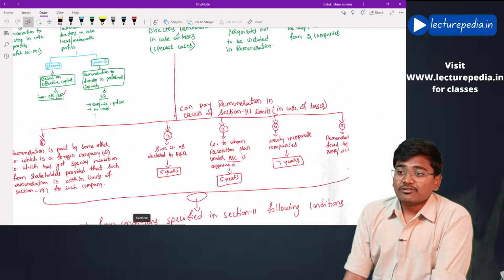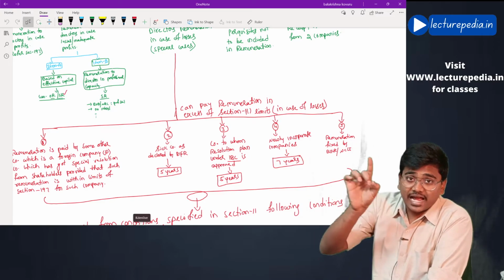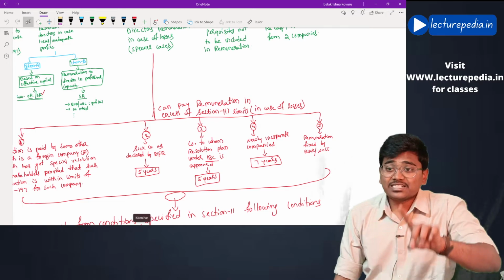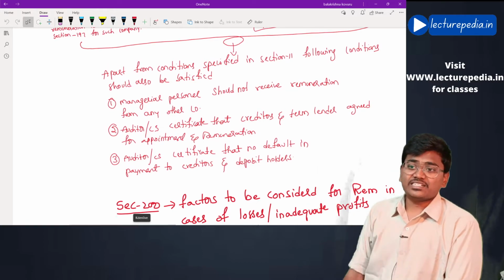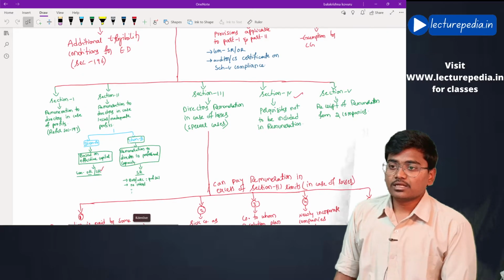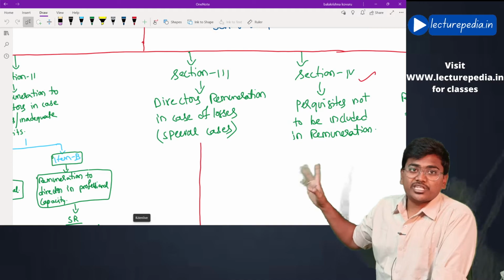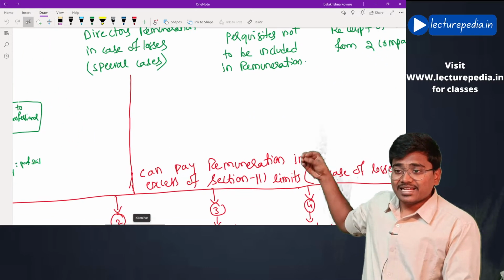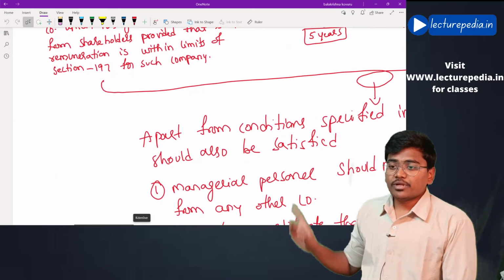Now if these 5 types of companies want to pay remuneration as per item A while they are incurring losses, then apart from the conditions that are prescribed there, it should also comply with the following 3 conditions. Okay, first of all we will see what are those 5 companies under section 3. Director remuneration in case of losses, special cases, can pay remuneration in excess of section 2 limits in case of losses and has to comply with these conditions.